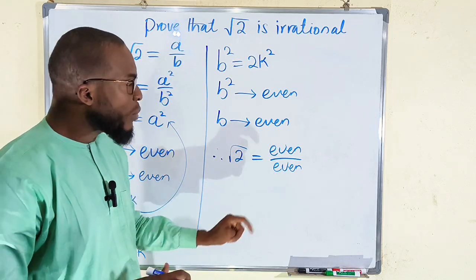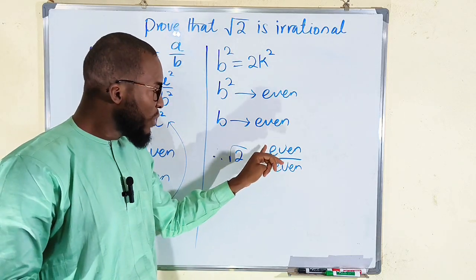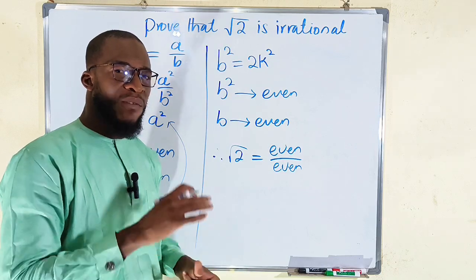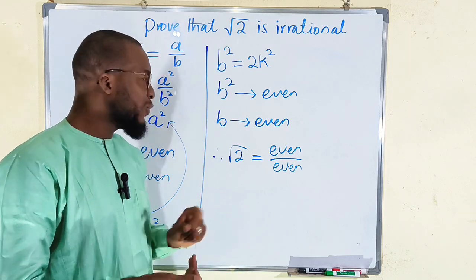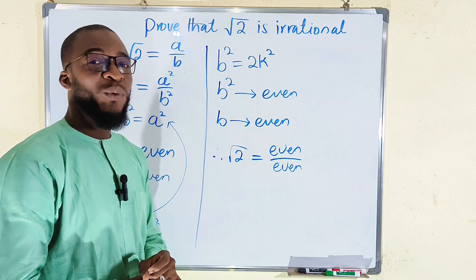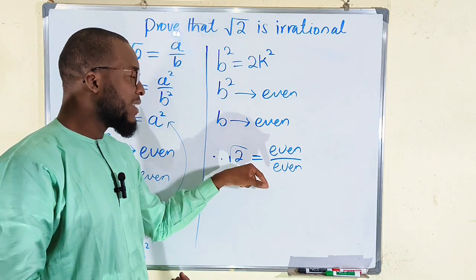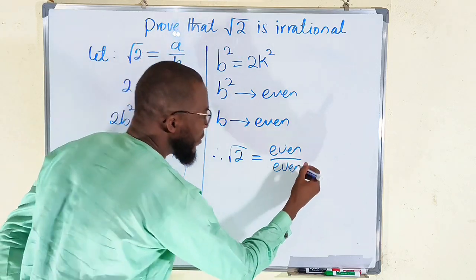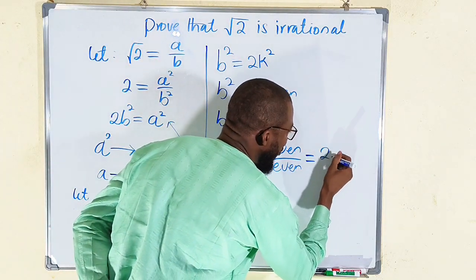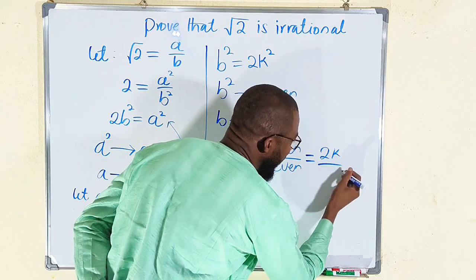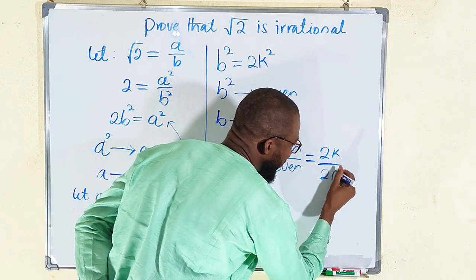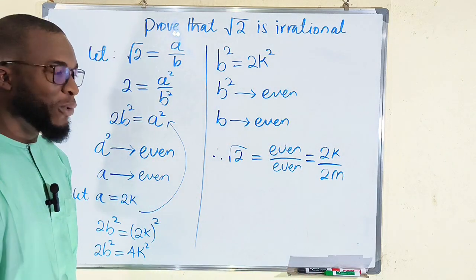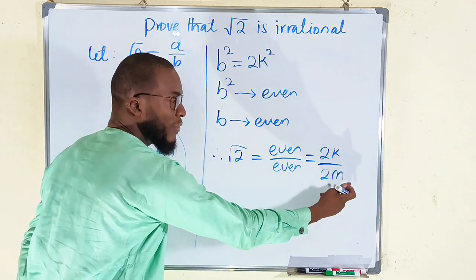But having even divided by even means both the numerator and denominator have a common factor of 2, because 2 can divide an even number and another even number. So let's assume this is equal to 2 multiplied by a certain integer divided by 2 multiplied by a certain integer, because they are even. This is the definition of even.